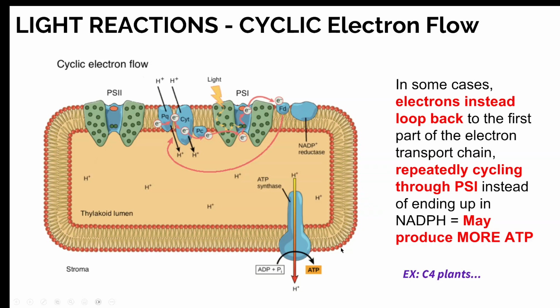These types of plants are commonly referred to as C4 plants. We may not need as much NADPH, and instead we'll be making more ATP because we'll have more protons coming through. Remember, when that electron came back over here, and we recycled it going back through cytochrome here, we pumped more of those protons through the membrane.